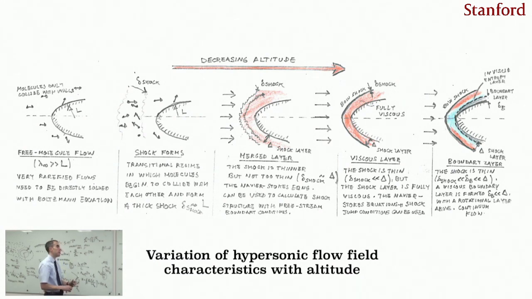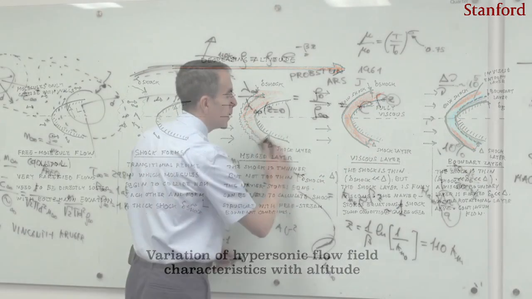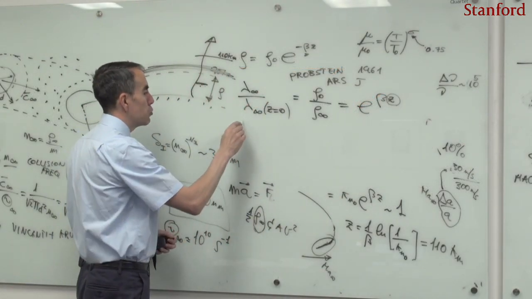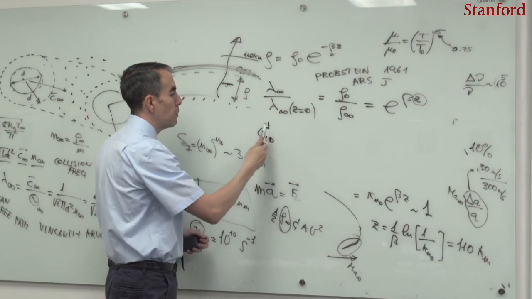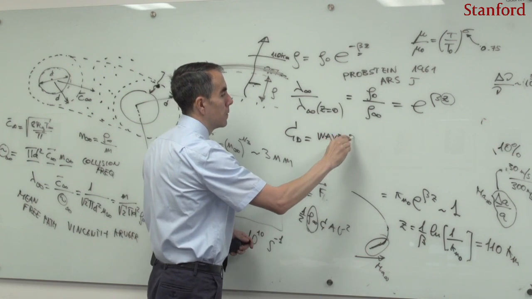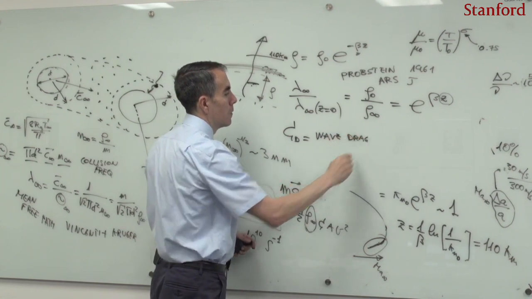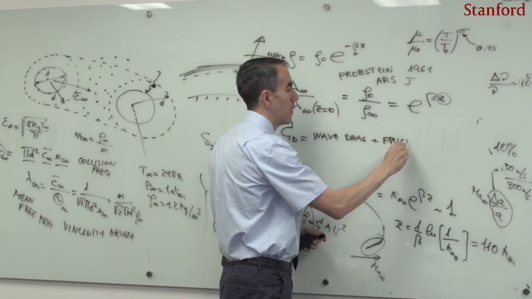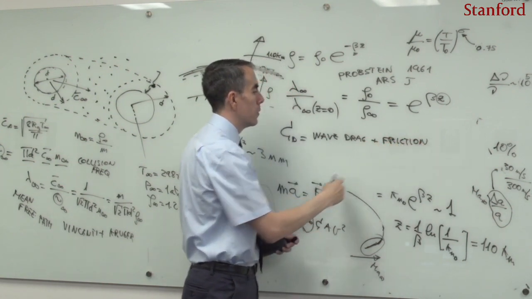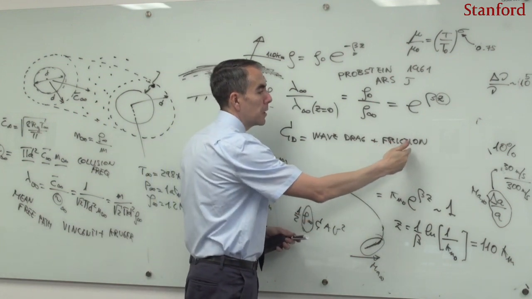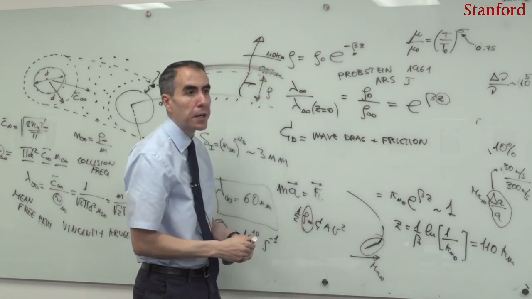Before I finish, let me show you one thing. If one looks at the drag coefficient, one is used to calculating the drag coefficient based on pressure, for instance based on wave drag, and it also has a component related to friction. At high Mach numbers and typical altitudes, this friction component is negligible.